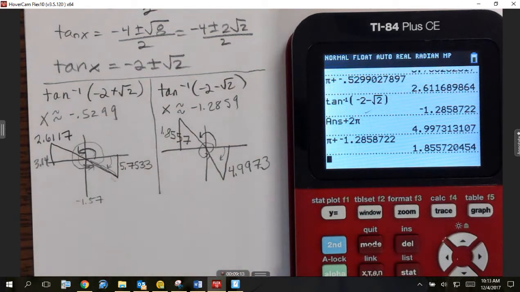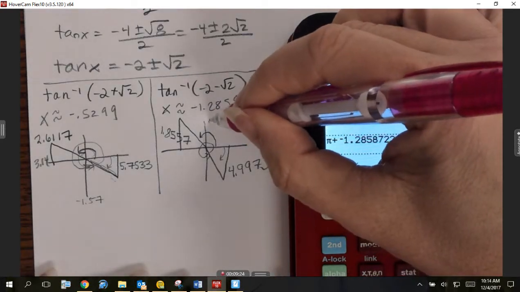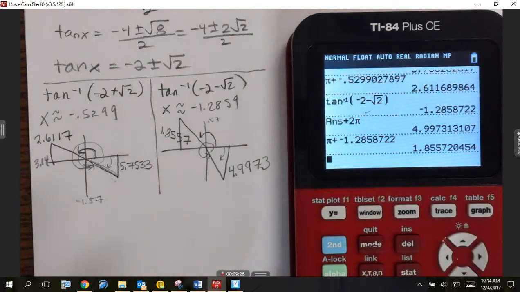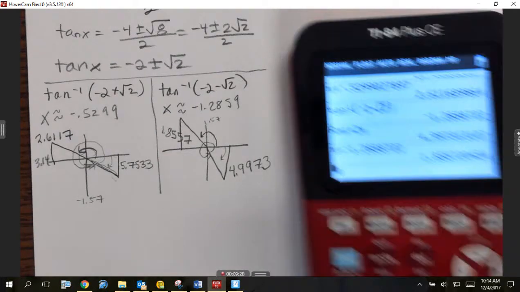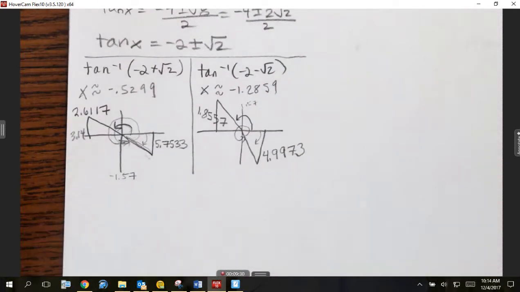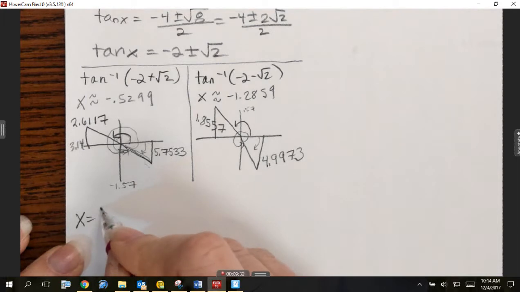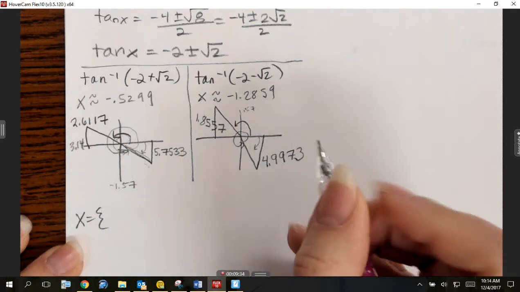Always thinking, if that makes sense for the quadrant that I put it in. 1.8557, that's less than 3.14. It's bigger than 1.57, which is the top. So that makes sense. And then all I have to do is write your answers in fancy brackets, numerical order.